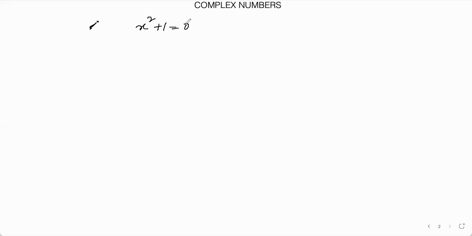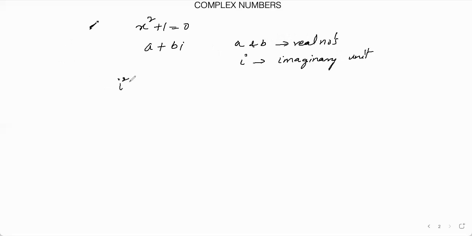We can consider a complex number as having the form a plus bi, where a and b are real numbers, and i is called the imaginary unit, which has the property that i square is equal to minus 1.